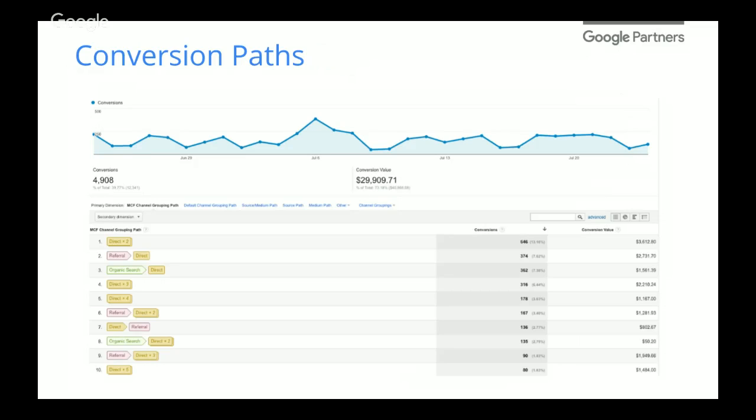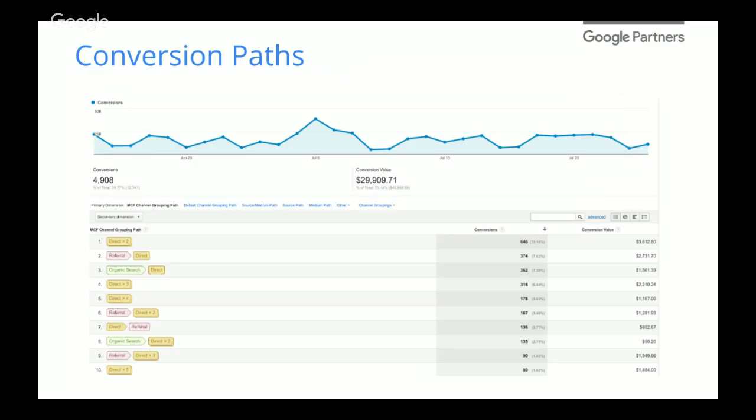The third one is people who have searched organically and then come directly to the site, and we have 362 conversions there, making up $1,560 in terms of conversion value.